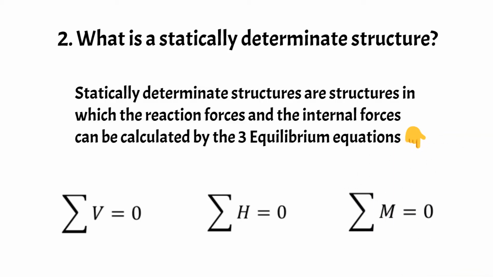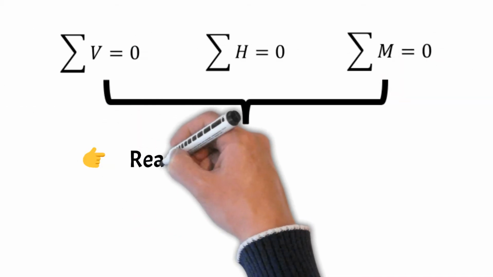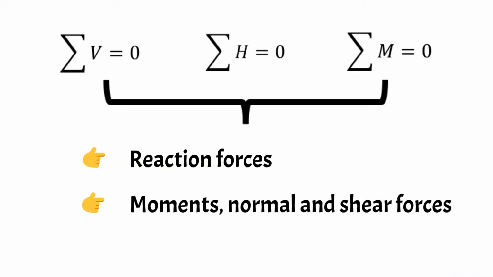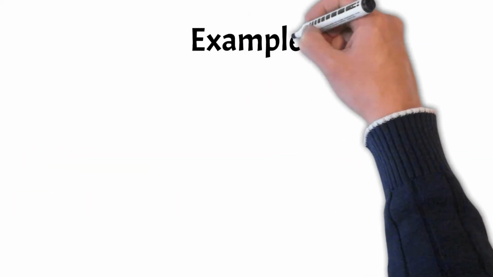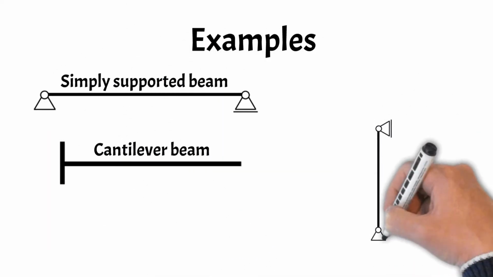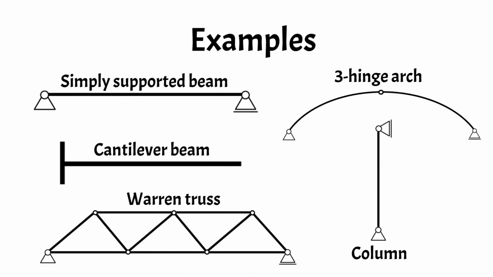So for statically determinate structures, we can use these 3 equations to first calculate the reaction forces, and then the moments, normal and shear forces. Examples of statically determinate structures are simply supported beams, cantilever beams, simply supported columns, 3 hinge arches, and trusses with hinge connections, to just name a few.